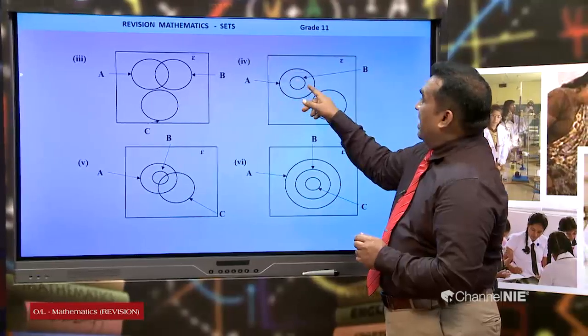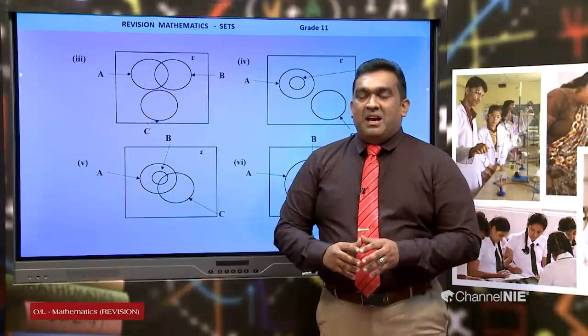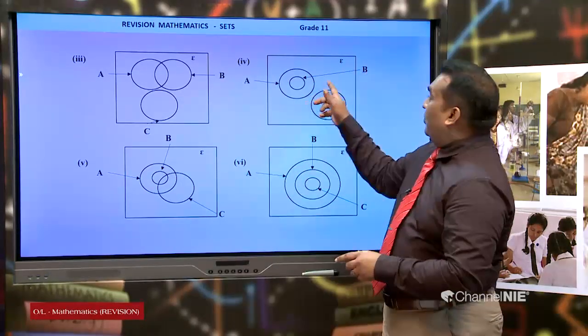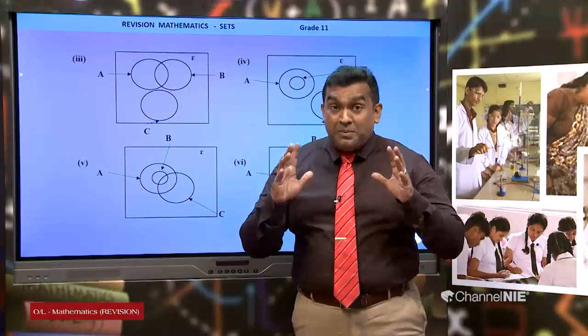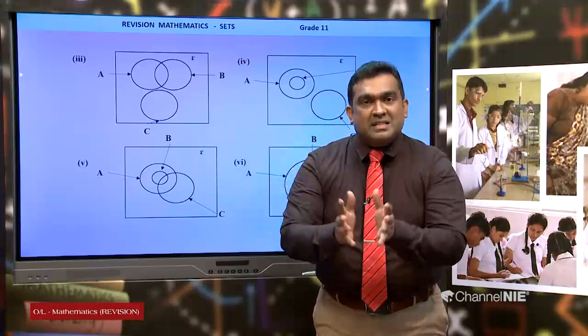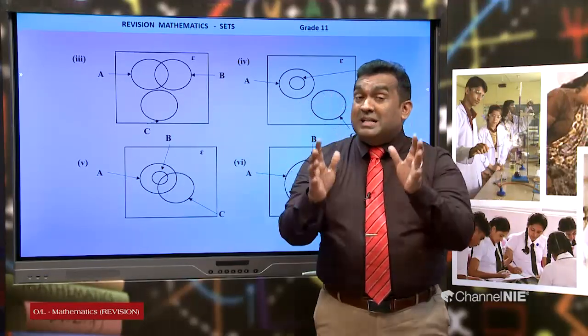Here, there is a special case. The set B is in A. Therefore, B is a subset of A. A is the larger set, B is the smaller set.